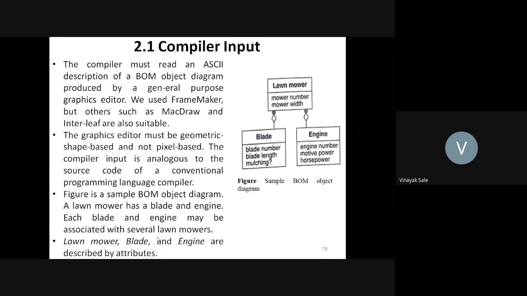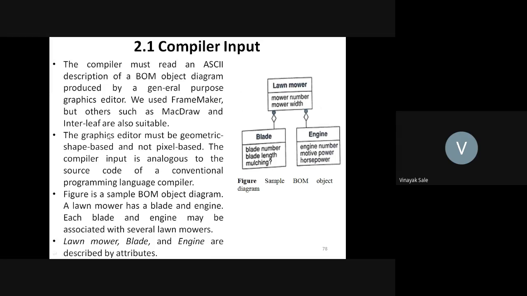First, compiler input. The compiler must read an ASCII description of a bill of material object diagram produced by a general purpose graphics editor. We use FrameMaker, but others such as MagDraw or Interleaf are also suitable.